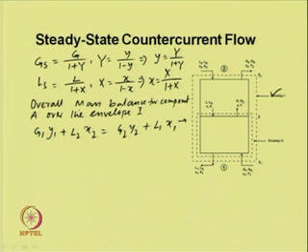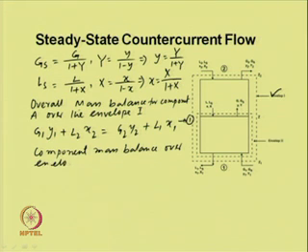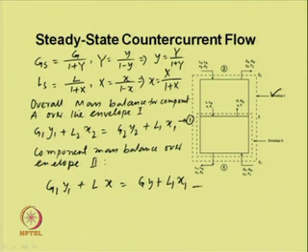So, this is equation 1. The component mass balance over envelope 2, we can write G1 y1 plus L x is equal to G y plus L1 x1. This is equation 2.